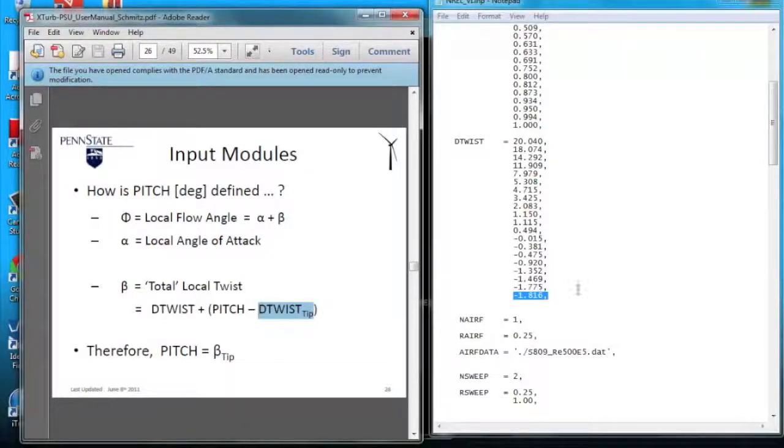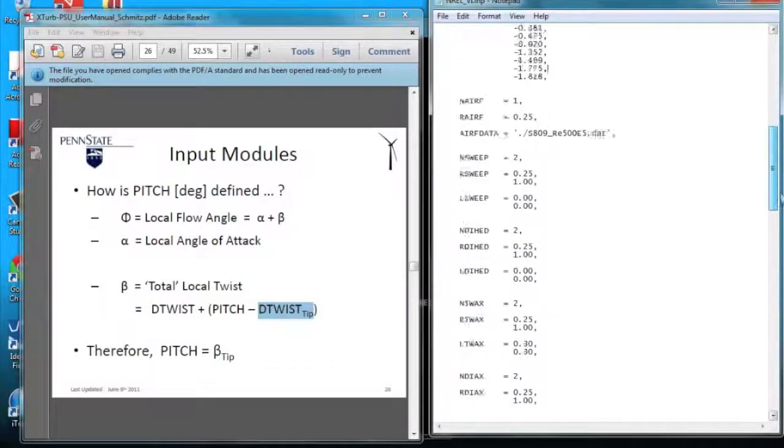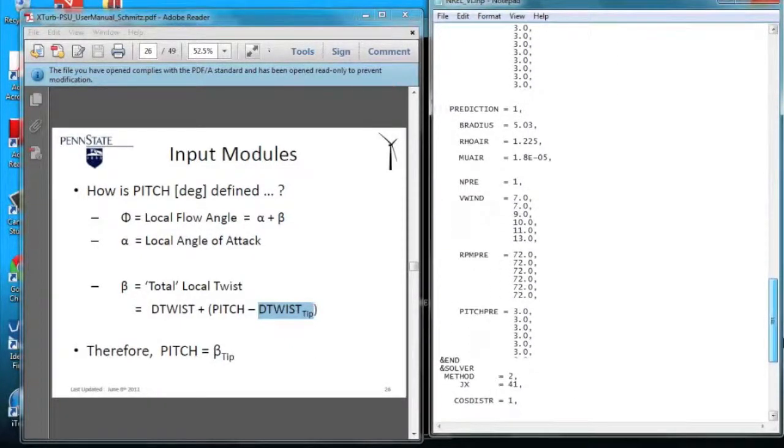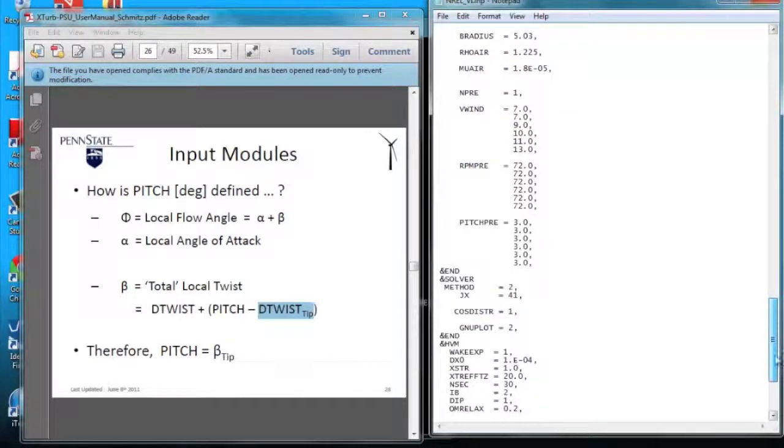in this equation. Now, if in the prediction mode, or in all the other modes, we set the pitch angle to 3 degrees, it means then that the total local twist, pitch equal beta tip, will be 3 degrees for that blade. So if we are at the tip, that means the input here is d-twist at the tip, and it will be subtracted such that at the tip the total local twist equals the blade pitch angle.